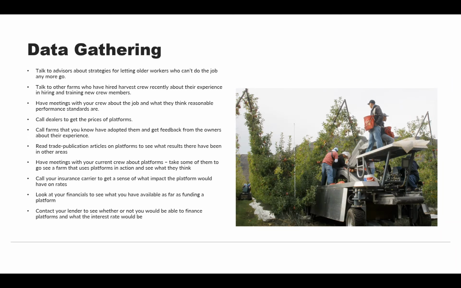Like, eventually, even with harvest platforms, you're going to get to a point where there are people who are 100 years old, right? They're not going to be picking apples. How do you implement that on a farm and do it legally and do it right, in a way that the other workers feel okay about?